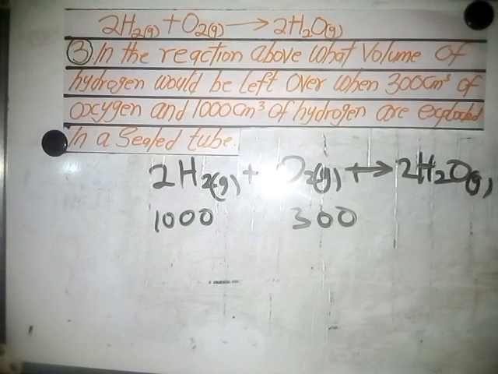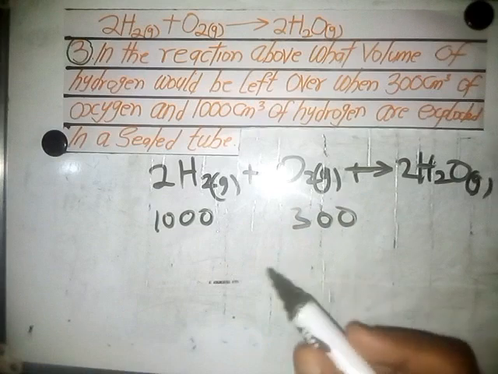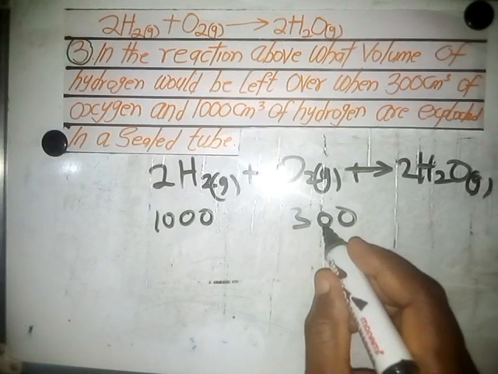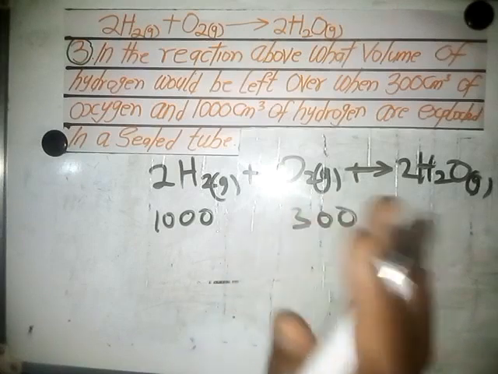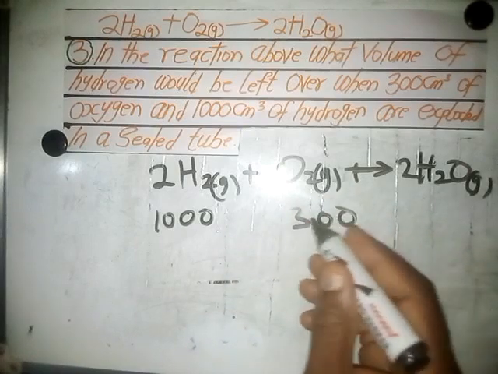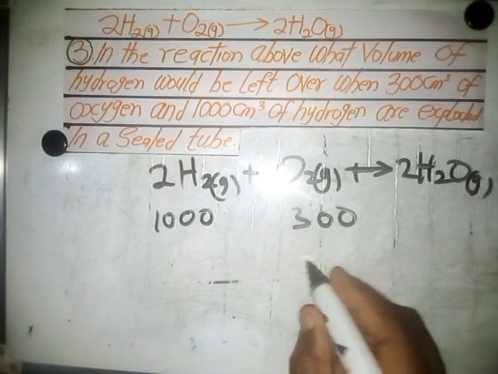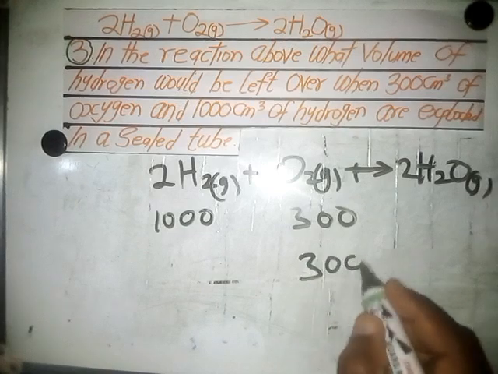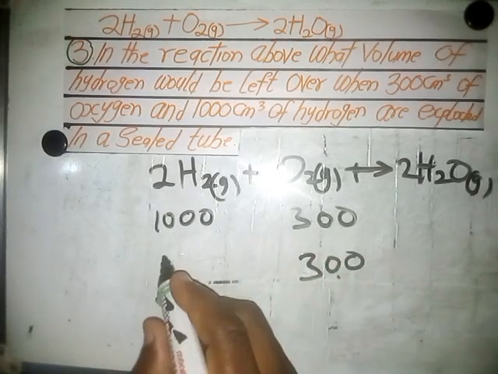You don't have up to 3 naira, so you can't give me 3 naira because you have only 2 naira. So it's not possible. Because 500 is more than this one, I'm not going to use 500. Instead, I'll bring the same value that is here, I'll put it down here. Then 2 times 300, 600.